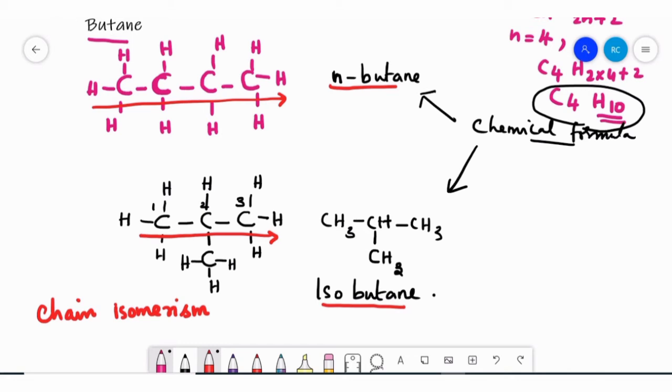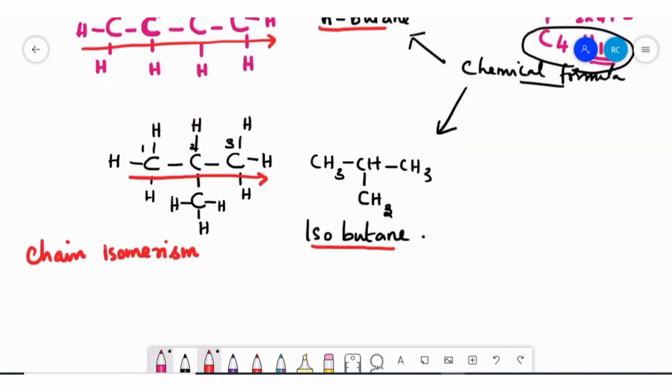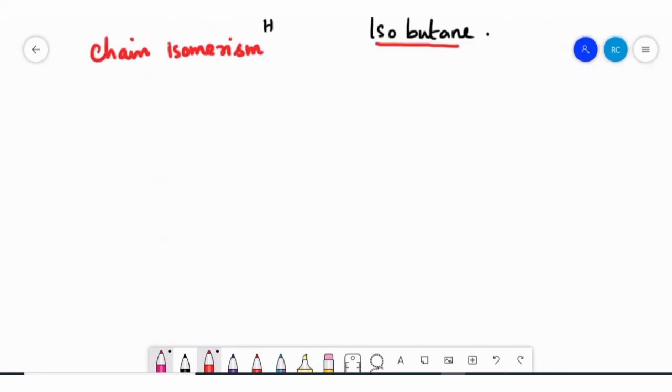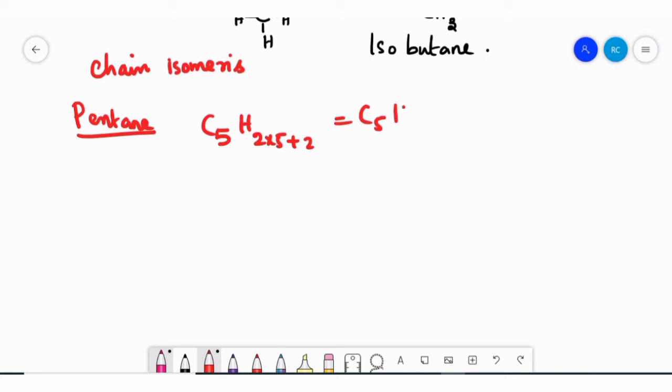Now, if you write pentane, the pentane formula will be C5H(2×5+2), which means C5H12.